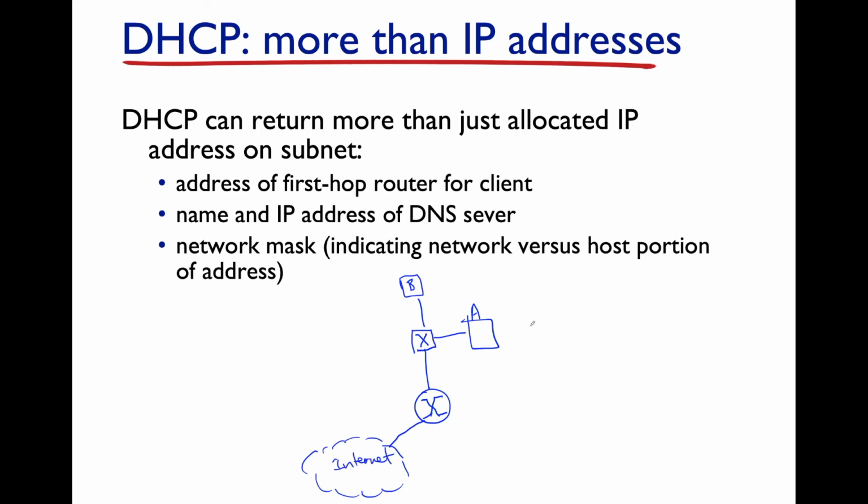Okay, so in order to actually use the network, what do you need? Well, you need an IP address, so you get your IP address through DHCP, but other so-called variables that you can set are things like your default gateway. Now, your default gateway is the IP address of the router, which is the first hop router on your network.